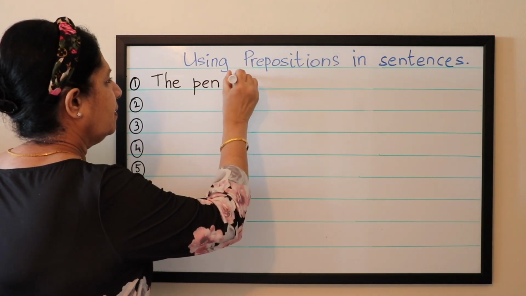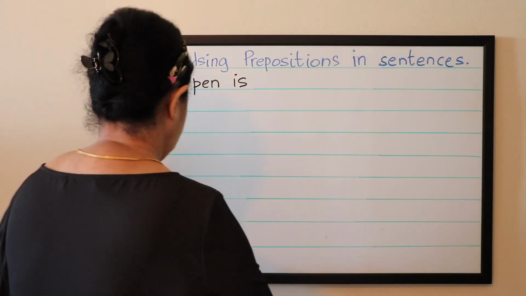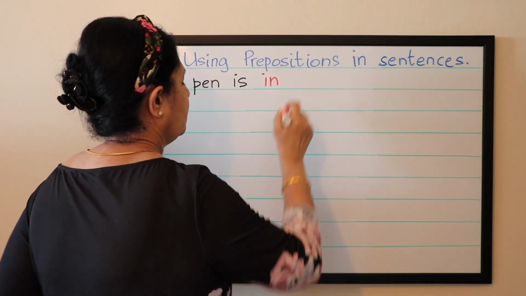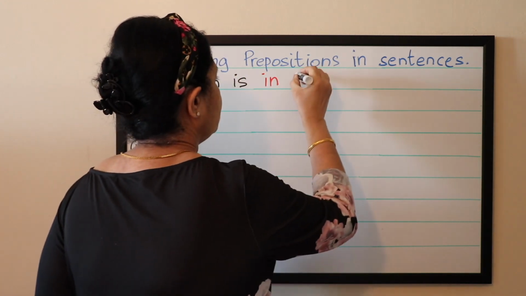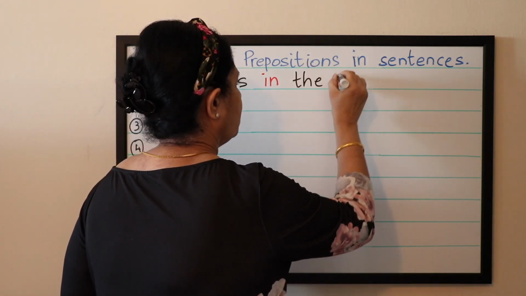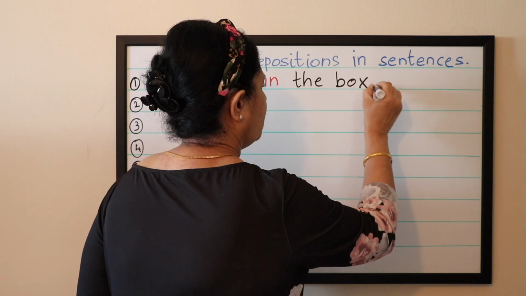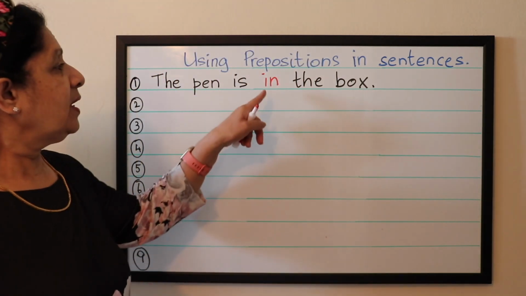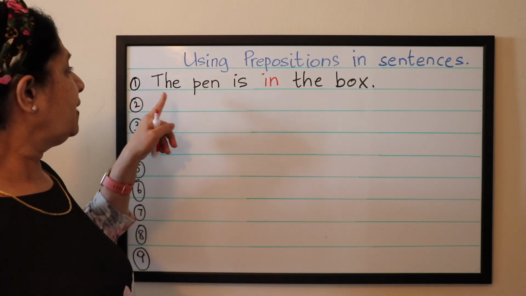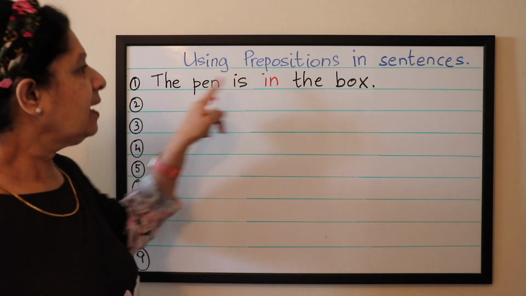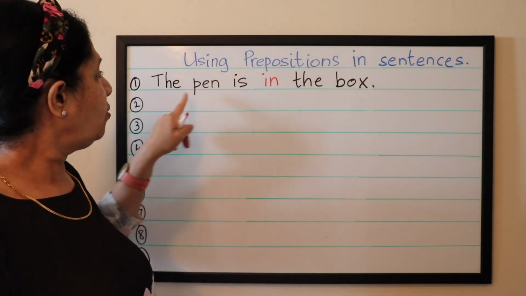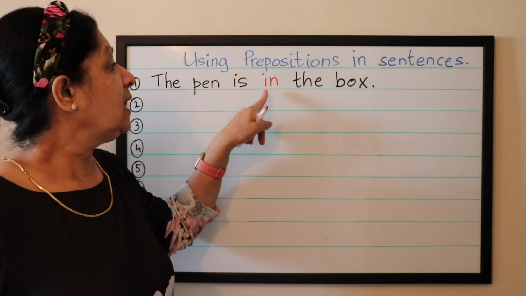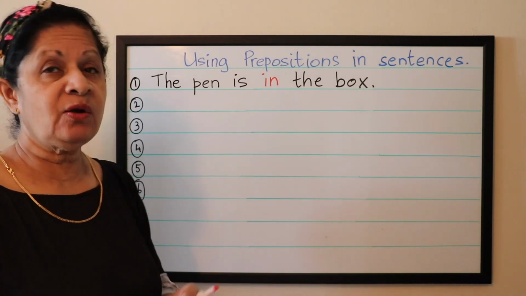The word in shows the relationship or connection between the pen and the box. So now we know that the pen is in the box because we have used the word in. It's a preposition.